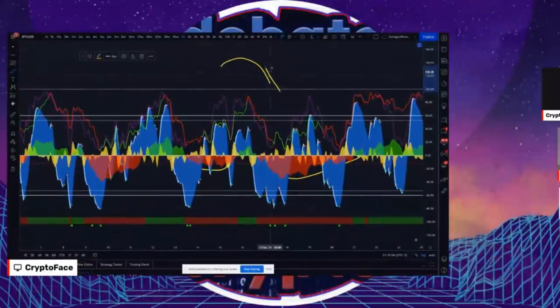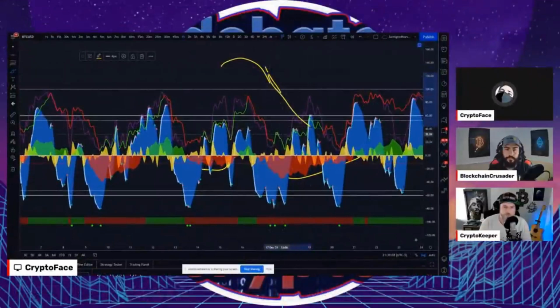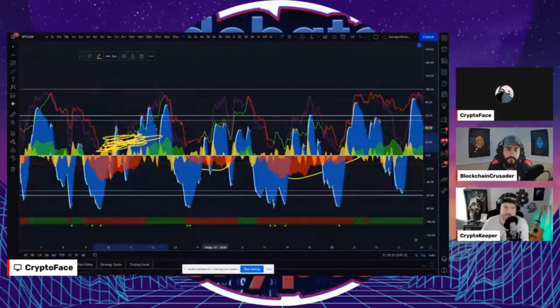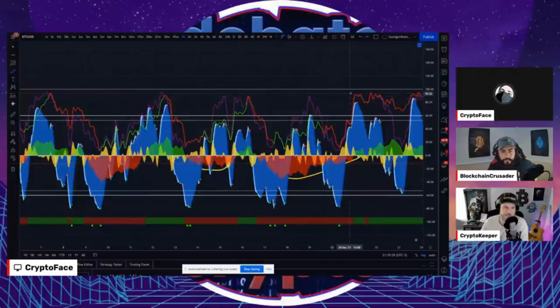With these RSIs, when it's going down, when it's oversold, it's green. When it's overbought, it's red. And you say, well, wouldn't oversold be red? Wouldn't overbought be green? No. It's supposed to be get in or get out. When it's oversold, it's green, so you buy that. That makes sense.